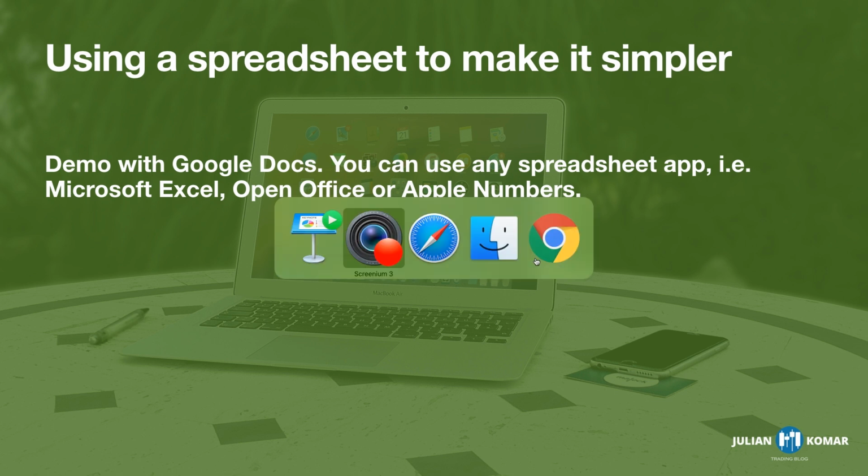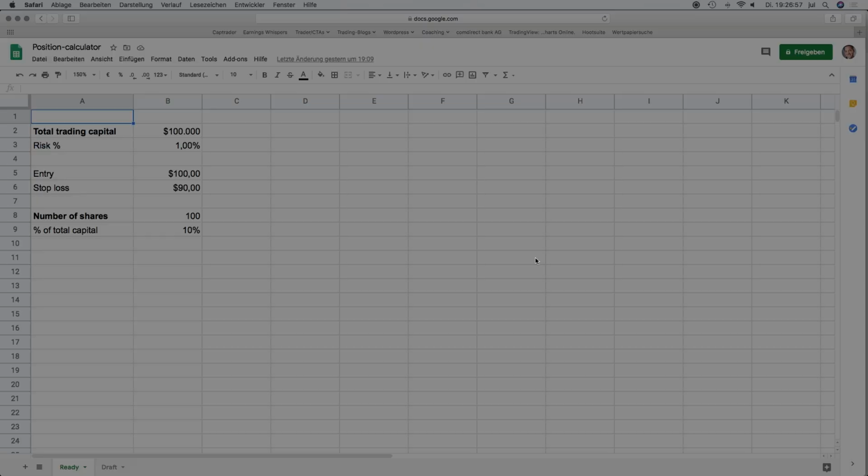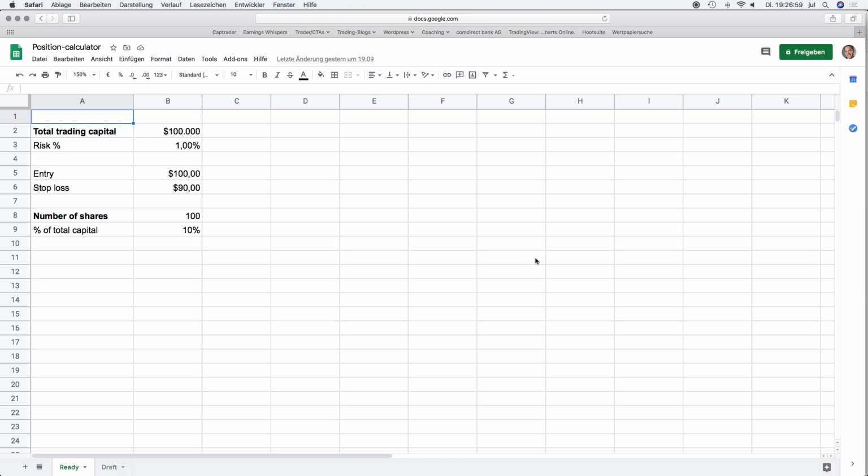And now let's switch to the Safari browser. And here is a very simple spreadsheet. You can see that I already entered the formulas here. So my total trading capital 100,000, the risk 1%, entry 100, stop loss 90, and automatically the number of shares and the percentage of my total capital is calculated.